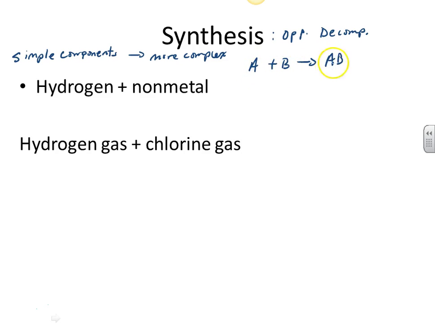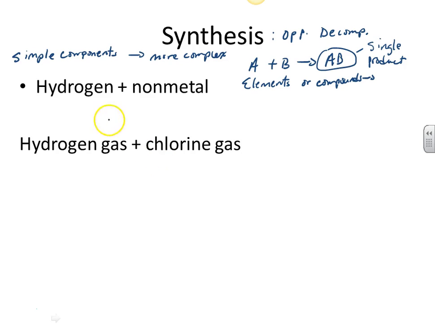Two simple things are put together to make them more complex. A and B can be elements or compounds. All of ours are going to give a single product.